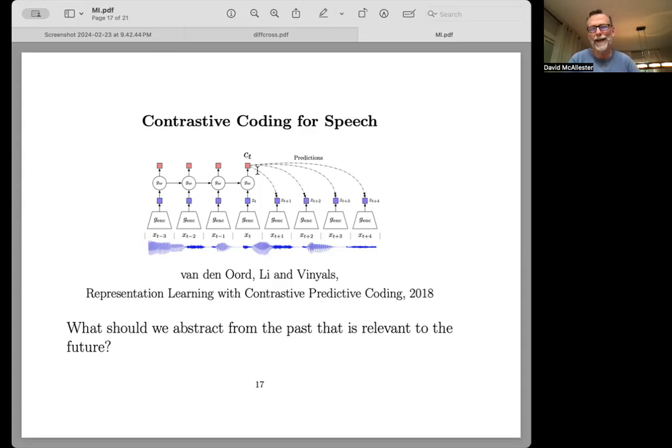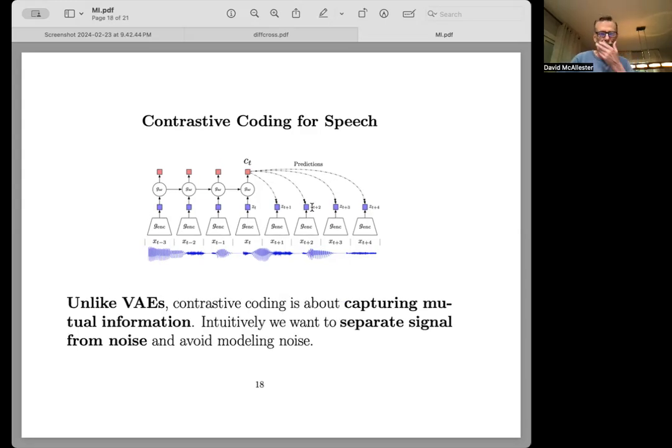So you take the true one, you introduce distractors from random sound, and you use contrastive predictive coding to try to represent the ability to carry the mutual information, not to predict, but to carry the mutual information with this future sound wave.